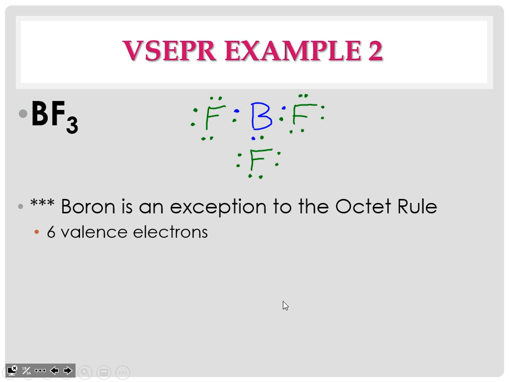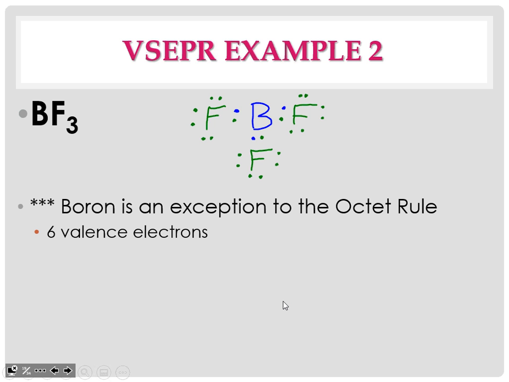Now, once again, as I look at this, I count the domains, the bonding and the non-bonding. So how many bonding domains do I have, Carly H? 3 bonding domains. How many non-bonding domains, Paige? Remember, we're only counting around the central atom. Okay. 0. Good. Were you counting all those ones around fluorine?